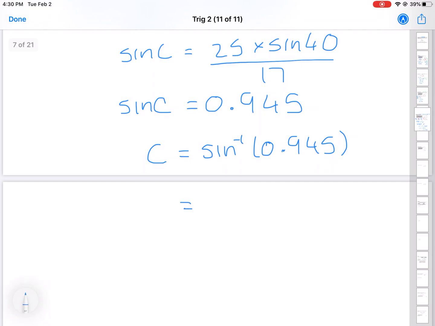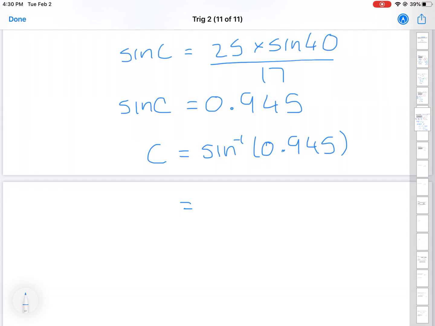So when we are finding an angle, the process is slightly trickier. Now to find this in your calculator, shift sine will give you the wee button of sine to the minus 1. Otherwise, you can use the online calculator that I will link in the Teams post.